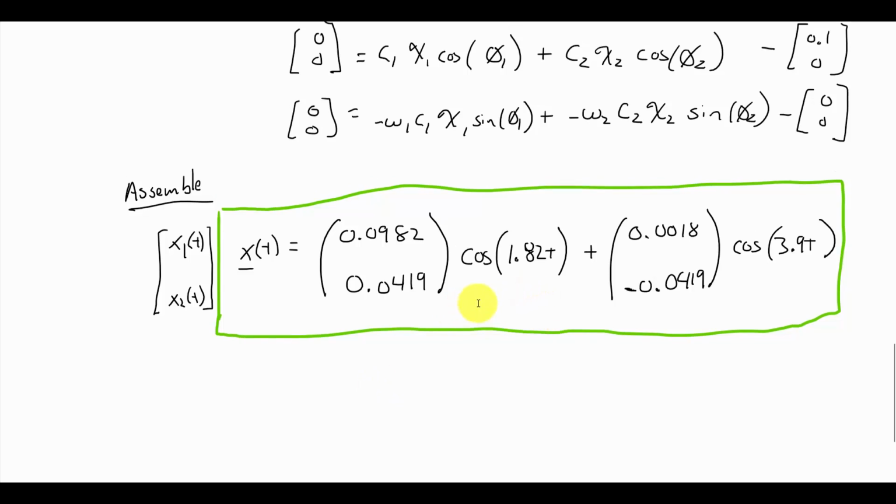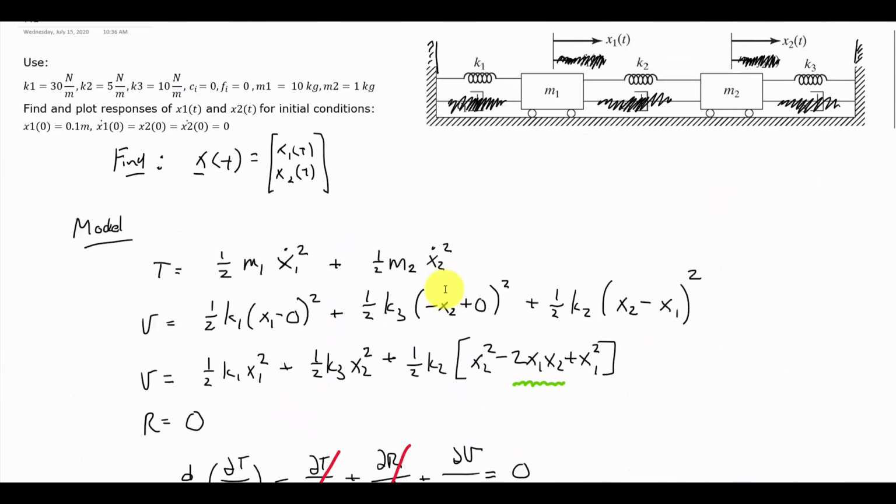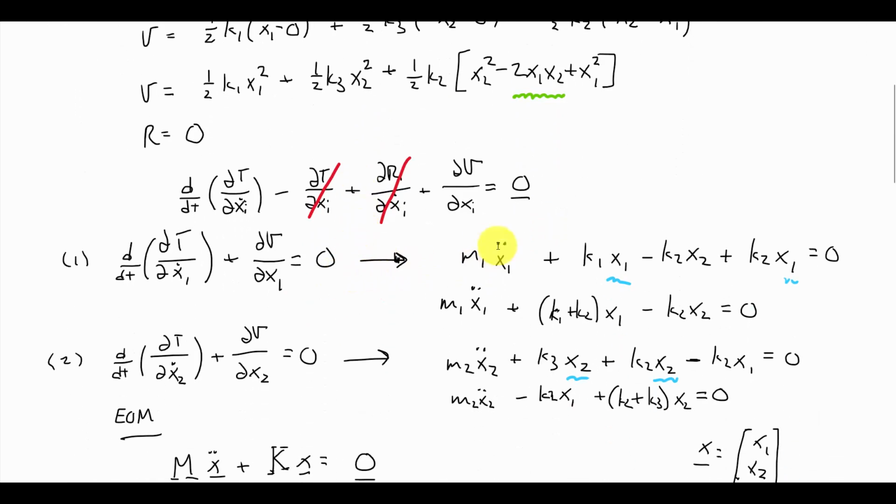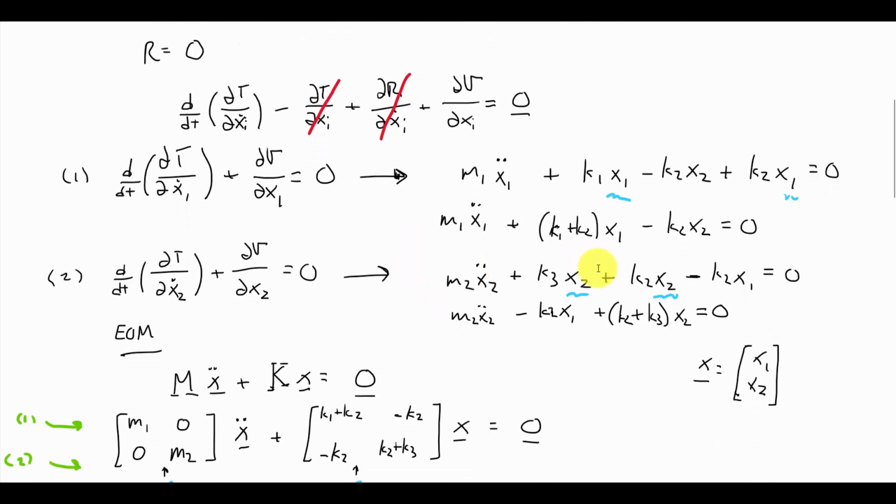So putting everything together here, we first had to model our system using Lagrange equations, having two independent degrees of freedom. So we got two equations of motion when we differentiated with respect to our first degree of freedom and then again with respect to our second.